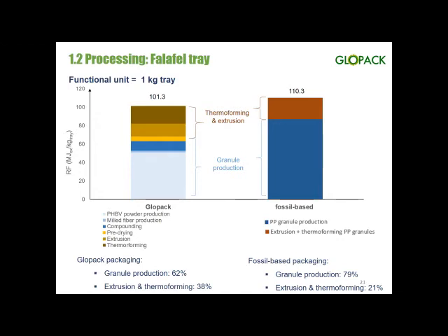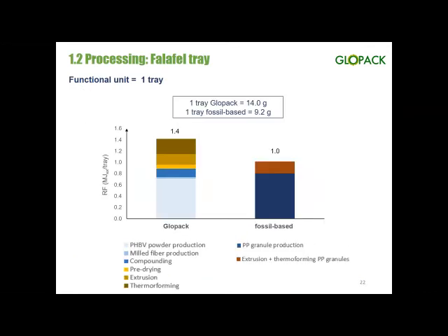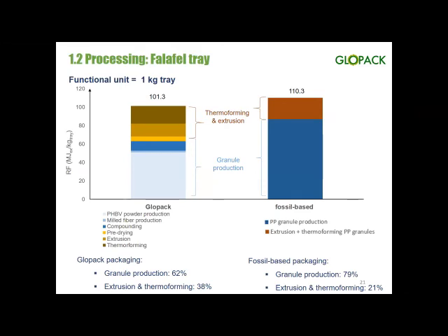Of course, we are still showing results although we did upscaling. If the process becomes much more efficient after being an established method or technology, the results will be even more positive for GLOPACK. But at this moment, this is not yet the case. So we had better results per kilogram tray in the case of GLOPACK.